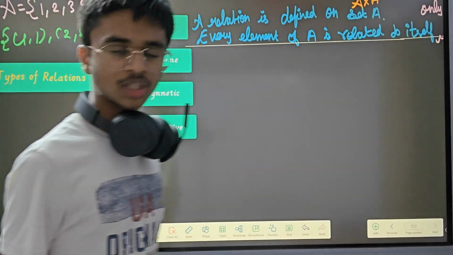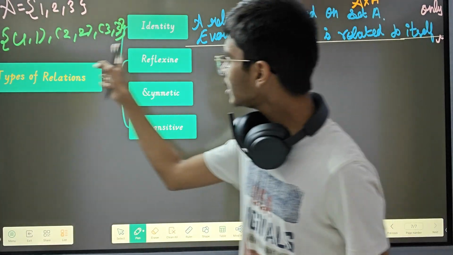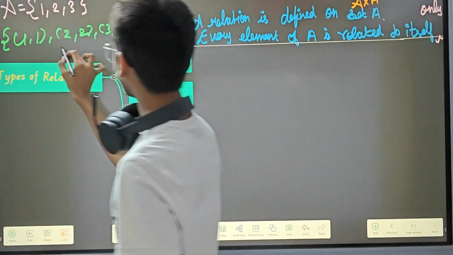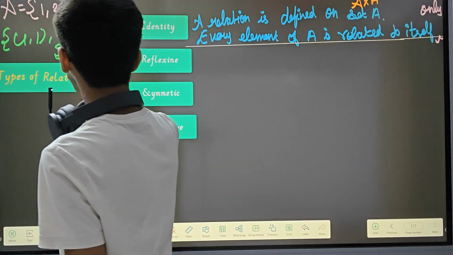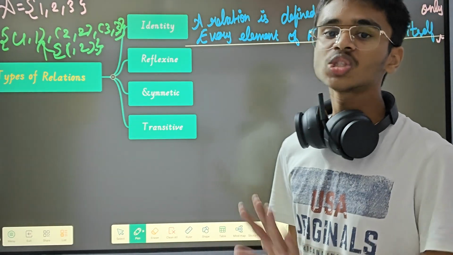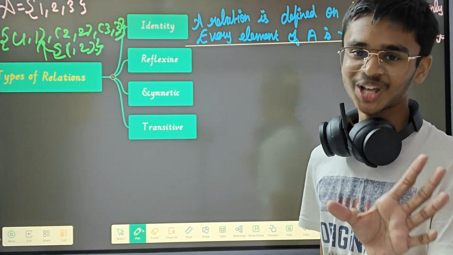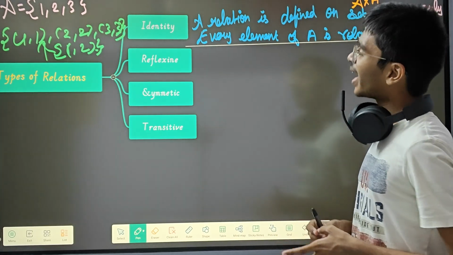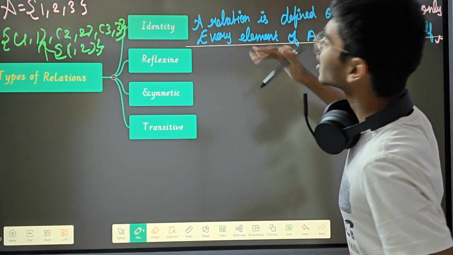One point you have to note is that other than these 3 ordered pairs, no other ordered pair is allowed. For example, (1,2) is not allowed inside this subset. Then it will not be an identity relation, it will be reflexive.